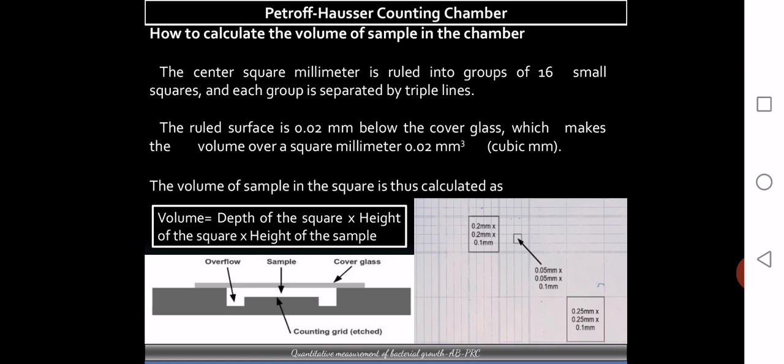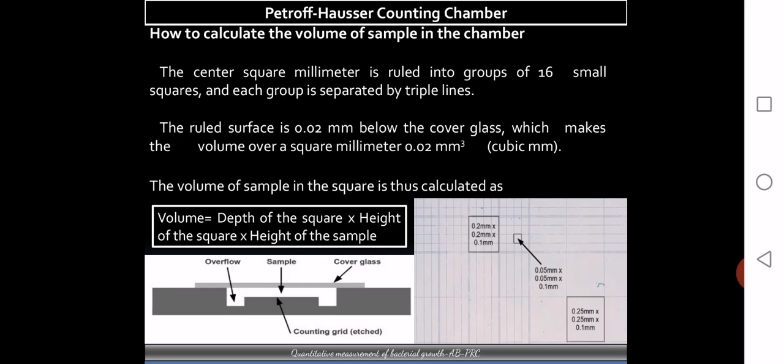And this will be the appearance. In the image you can see the volume of sample in the marked region. The volume of the sample in that particular square marked region will be calculated, and the number of bacteria present in that area will be counted through the microscope.